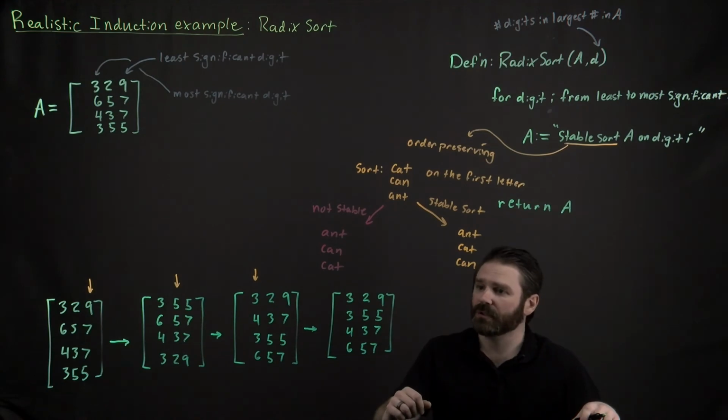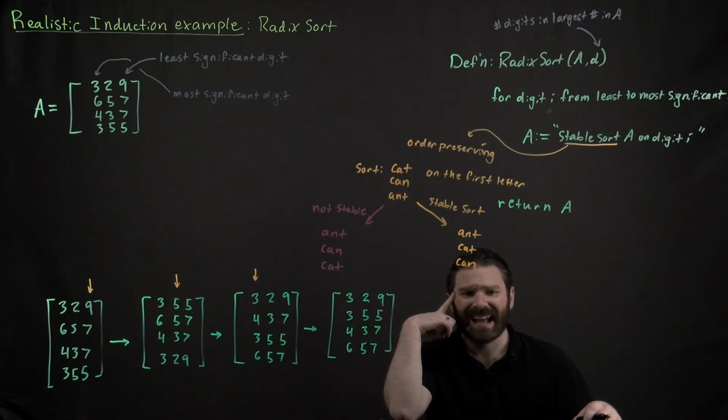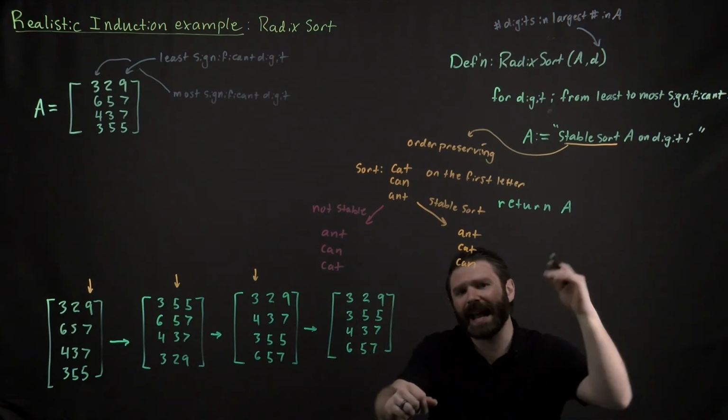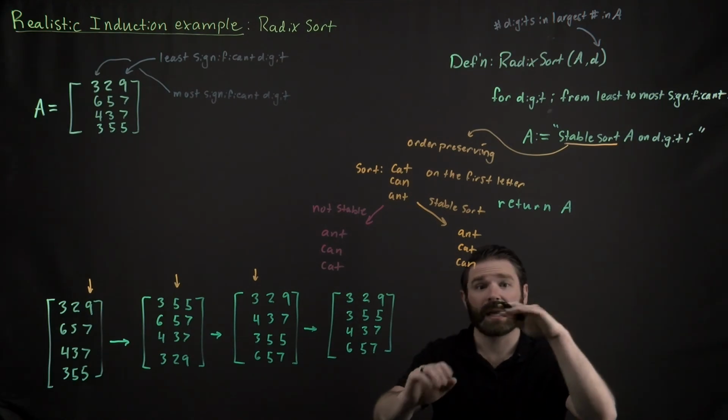So what I want to do is, I've proposed this as an algorithm. How do I know it always works? It worked in this example, but how could I actually prove that radix sort works in general?